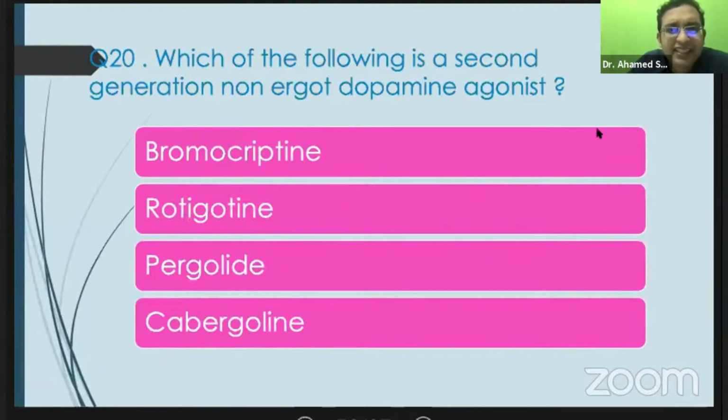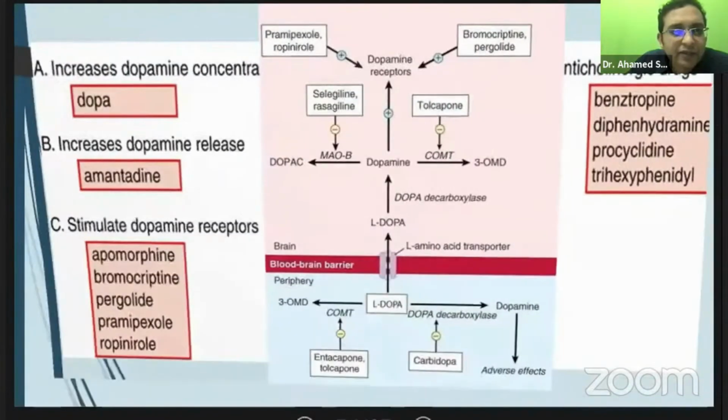So which of the following is the dopamine agonist, which acts on the dopamine receptors, of the second generation? Read this carefully and try it. Most of them got that correct. Rotigotine: you must know that there is a rotigotine patch. The rest, bromocriptine, pergolide, and cabergoline, are actually first generation.